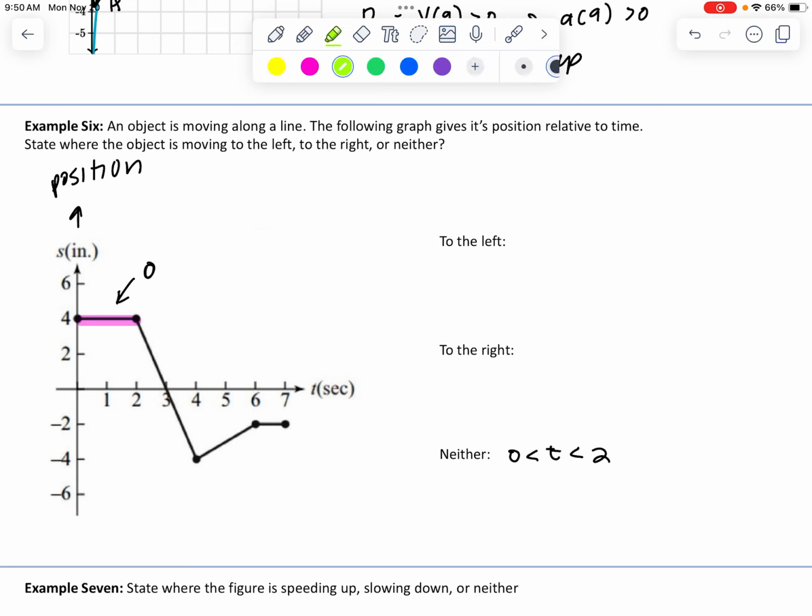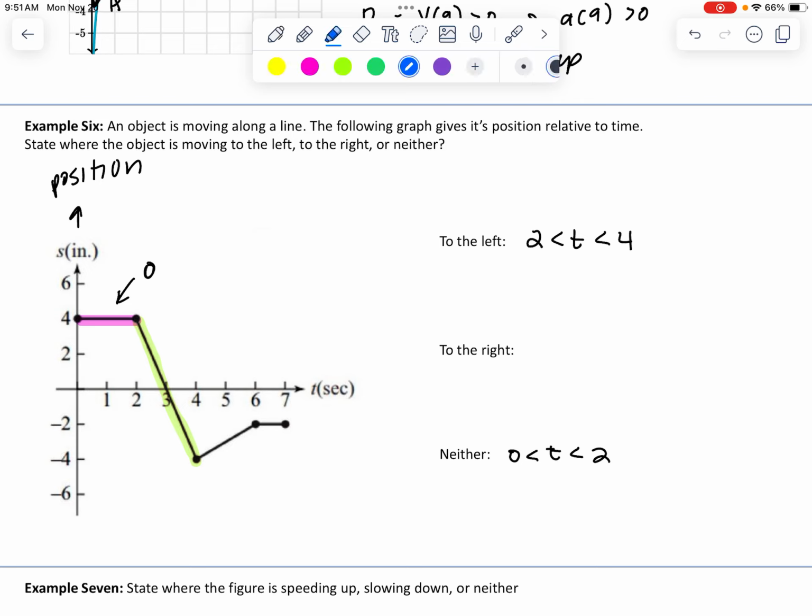This next section right here is one consistent piece. The slope of this line, I don't care what it is, but the slope of that line is negative. And so between time 2 and 4, that object is going to be moving left.